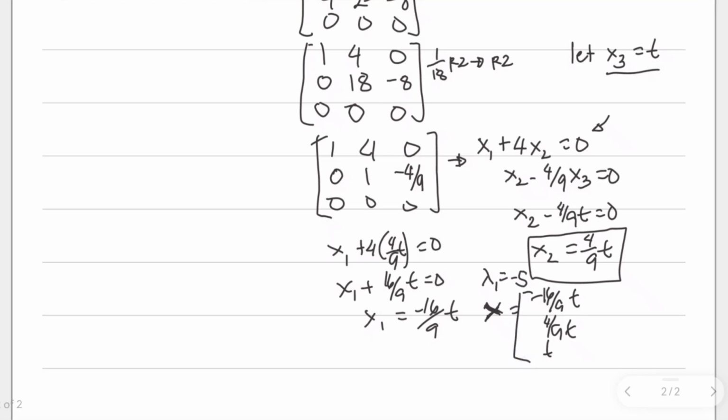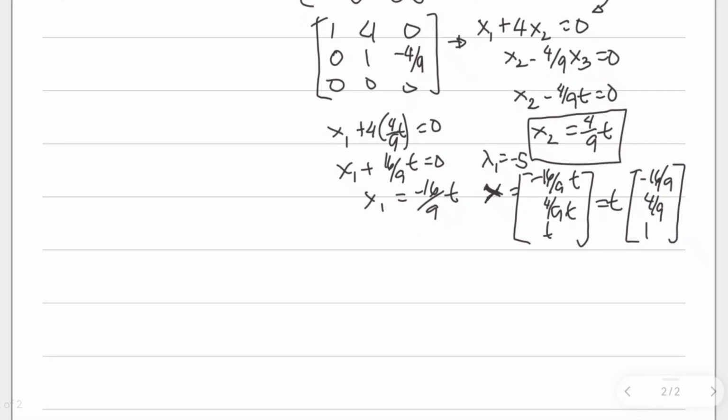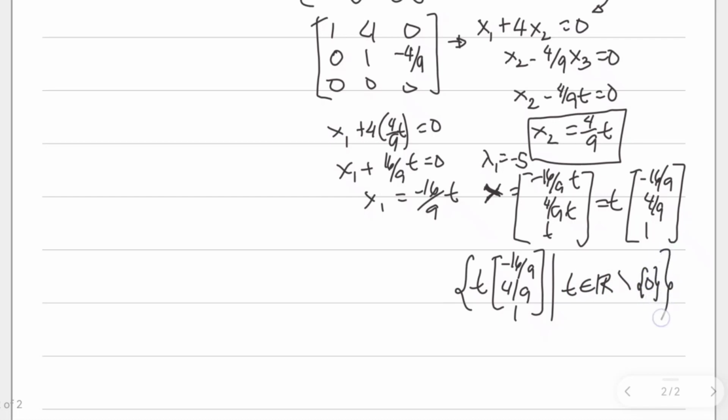When you factor out t, you will have here negative 16/9, 4/9, and 1. And then your eigenspace is a set containing t times negative 16/9, 4/9, and 1, such that t is an element of R, but not an element of the set containing 0. This is your eigenspace, eigenvector for the specific eigenvalue.